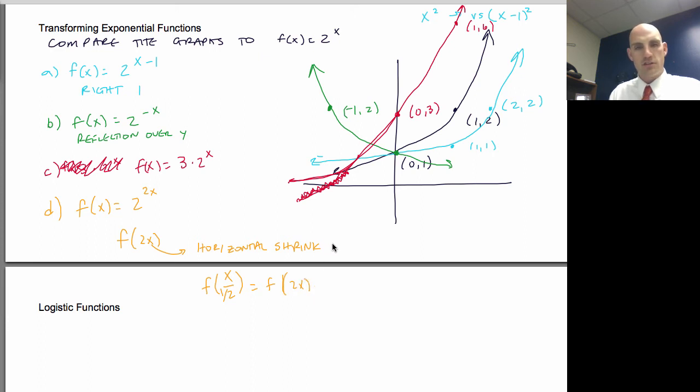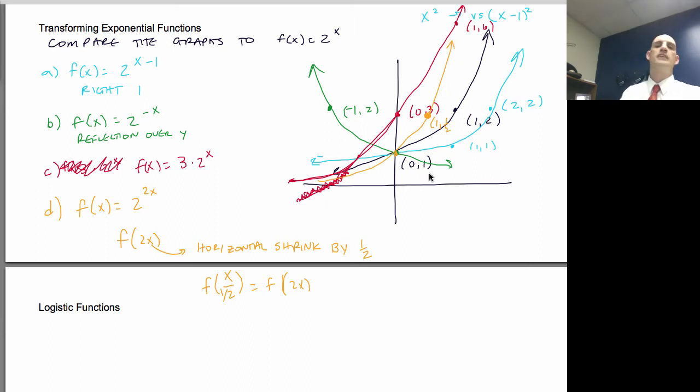And so it's a horizontal shrink by 1/2. Well, what does that look like when I actually shrink it? I take my point, 1, 2, and I move it in 1/2. So I'm going to put it right here, and it's 1, 1/2. This one doesn't shrink any because it's horizontal, so 0, half of 0 is 0. So it's still going to go through there, and it's going to look like this.